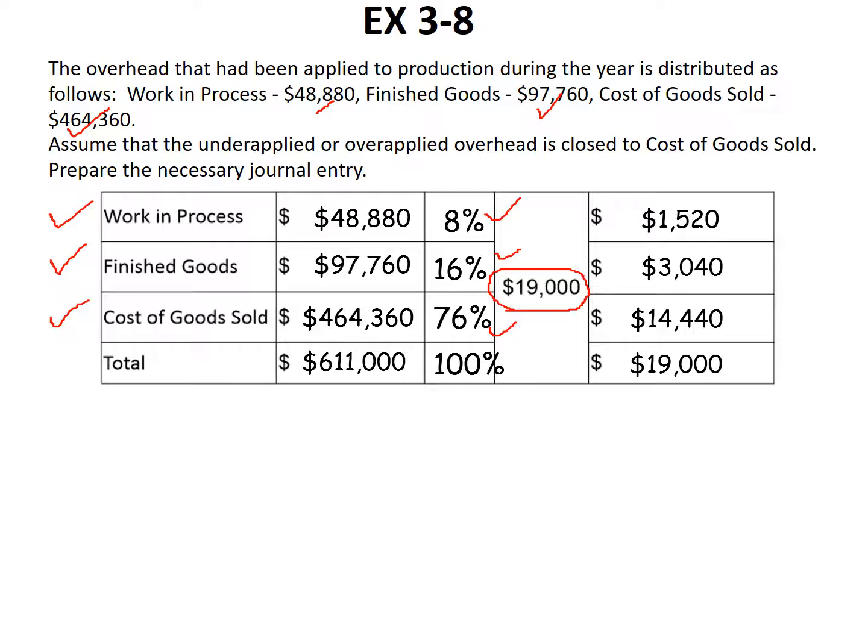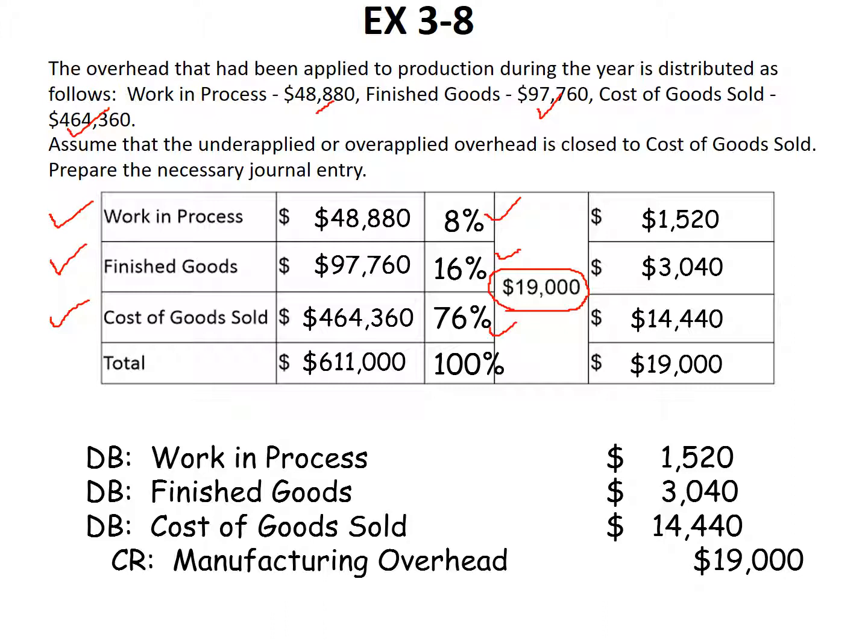We do the same thing for finished goods. The $19,000 times 16% equals $3,040. And then lastly, the $19,000 times 76% equals $14,440. So the total amount of overhead we need to apportion to cost of goods sold, finished goods, and work in process totals, of course, $19,000.